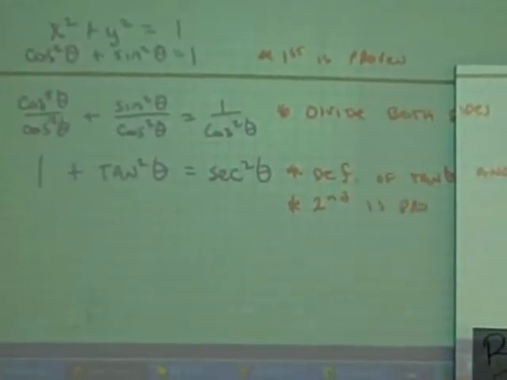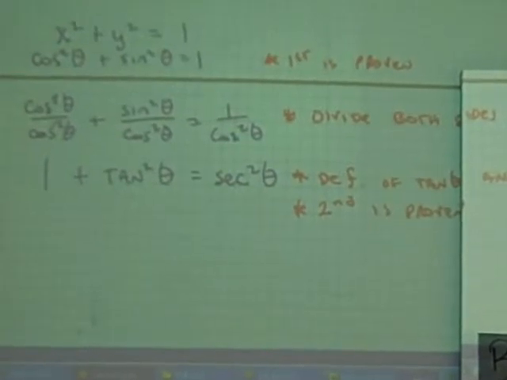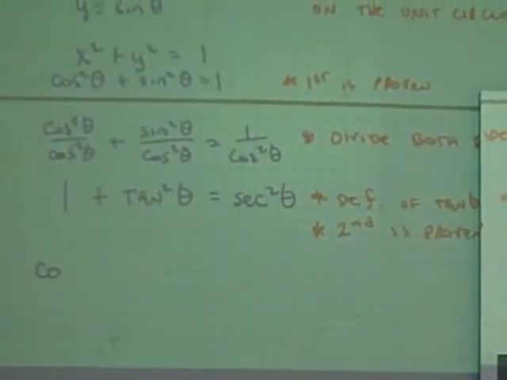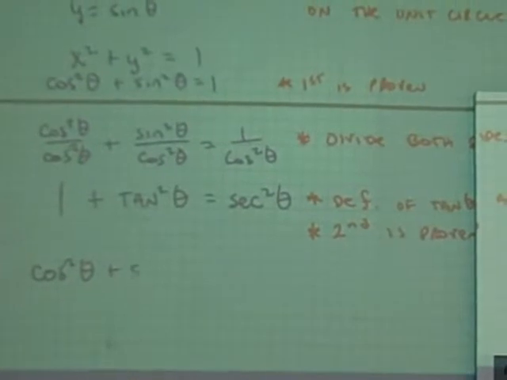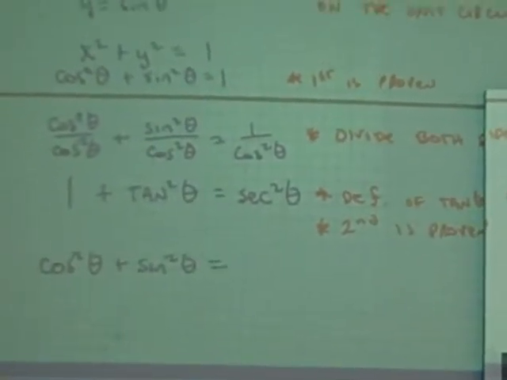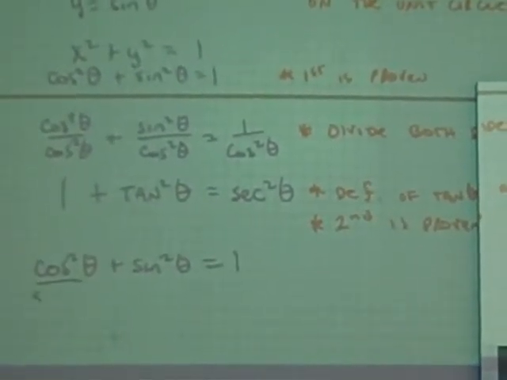So how do we prove the third one? Divide by sine squared theta. Okay, we'll go back up to the original identity and divide by sine squared theta instead.